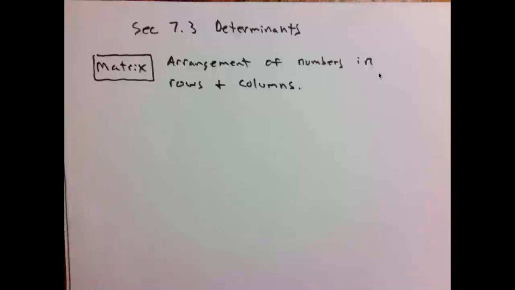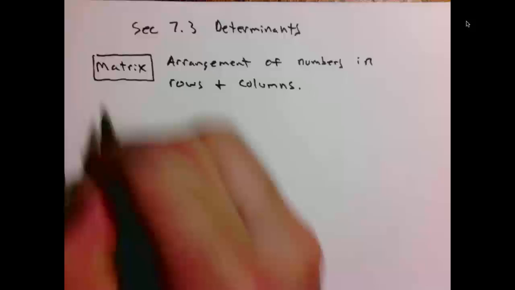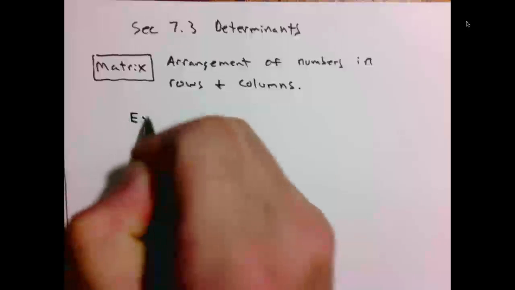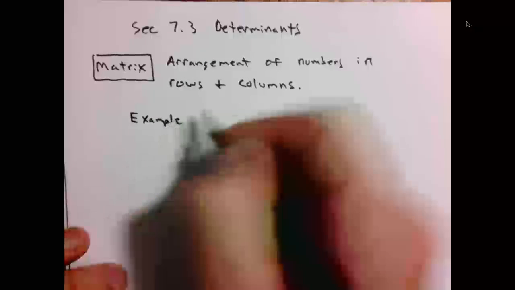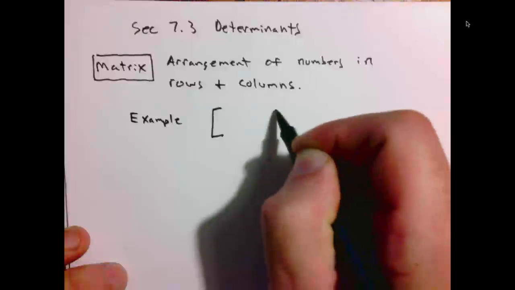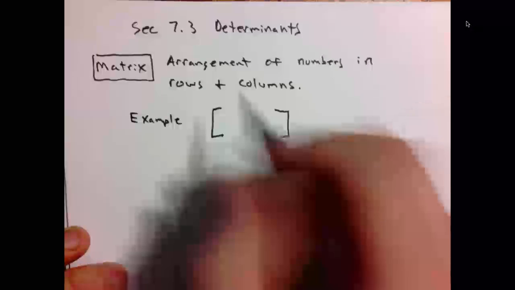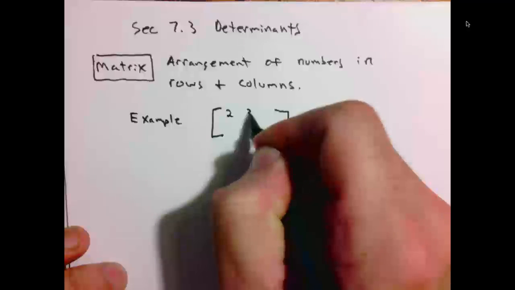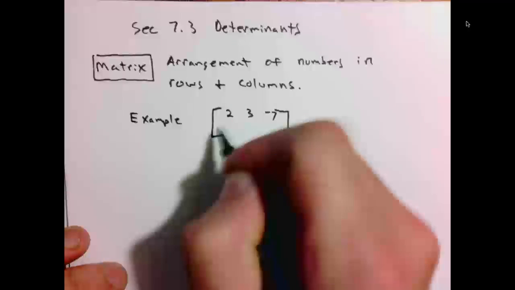A matrix is like a table with the labels stripped off of it. Here's an example. We typically will see a matrix listed in brackets like this. Maybe we have the numbers 2, 3, -7, and then 1, 4, and 2.